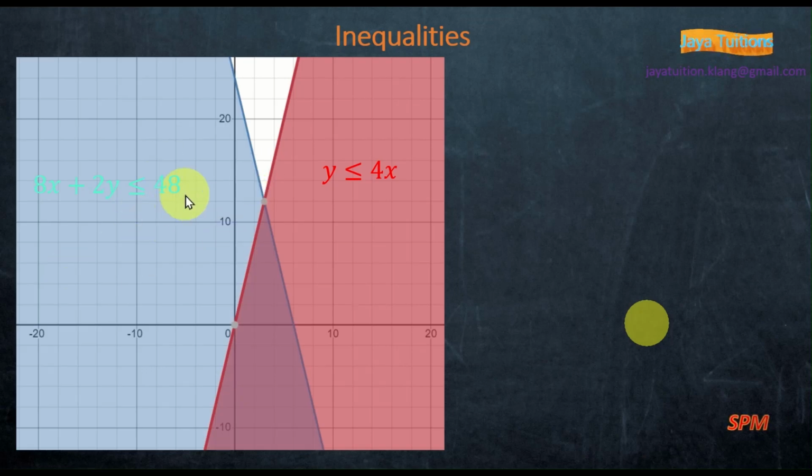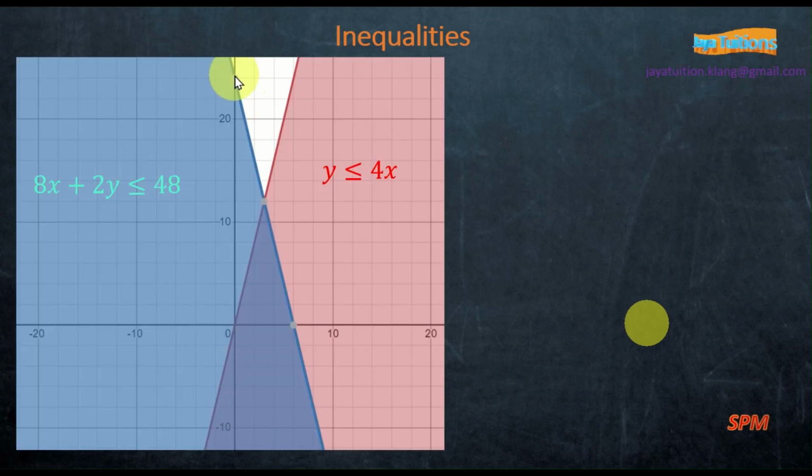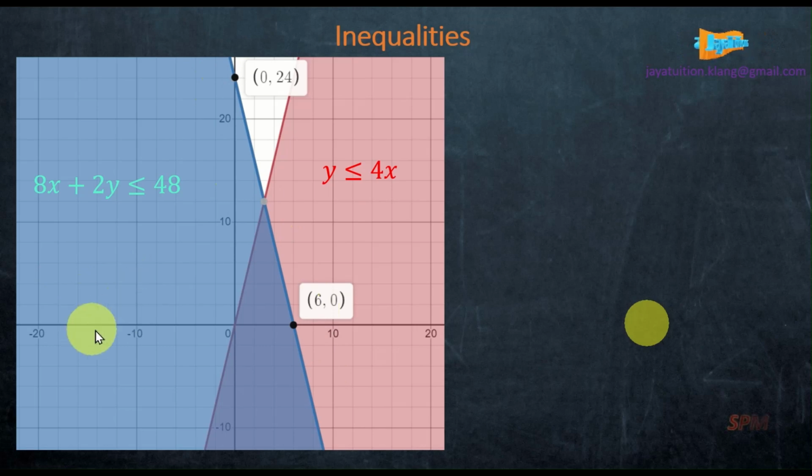You can see over here the blue part is for 8x plus 2y less than or equal to 48. Let me click this particular point to show you. What is the point which is there? 0, 24. We put the value of x equal to 0, y is equal to 24. Similarly, when I put the value of y equal to 0, I get the point x equal to 6, and I get a straight line, and it is less than 48, so all this particular part.